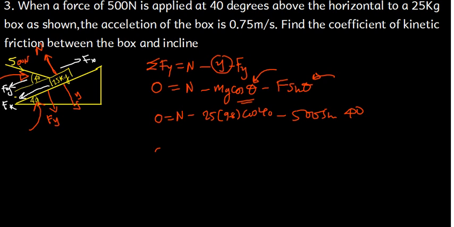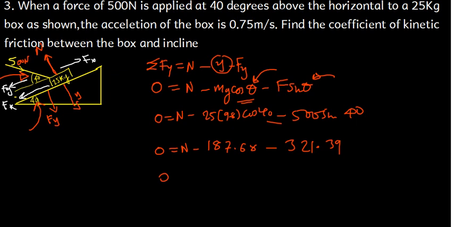Okay, so that is going to give us N minus, if we press on our calculators, 25 multiplied by 9.8 and then multiplied by cos 40. So that is giving me 187.68, and then we subtract 500 sin 40. So that is giving me 321.39.